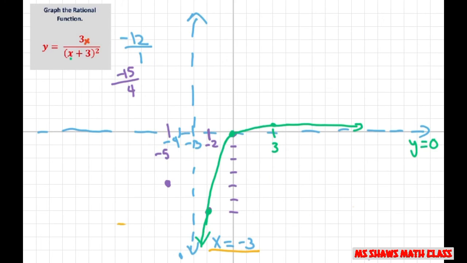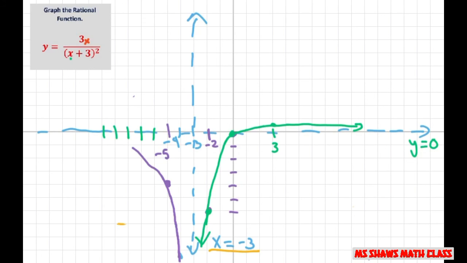So this is going to look like this. It's going to come around this way into here. If you want, we can plug in one more value. Let's say -10.